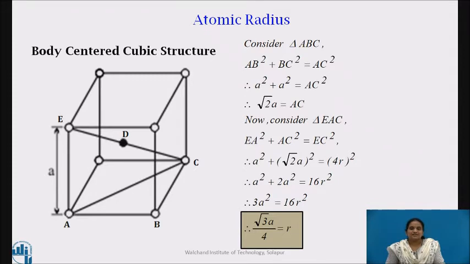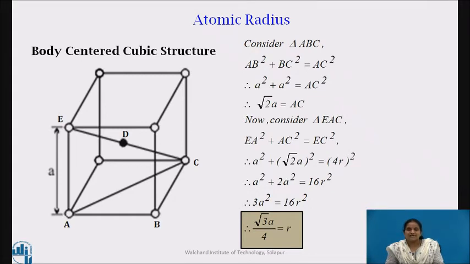Now if we consider a body centered cubic cell, so for BCC, the body centered atom is nearer to the corner atom than any other corner atom. So for atomic radius, we have to calculate the distance between E and D. Okay, so let's calculate students. For this, first we have to consider the triangle ABC. Then it is a right angle triangle, so apply Pythagoras theorem.